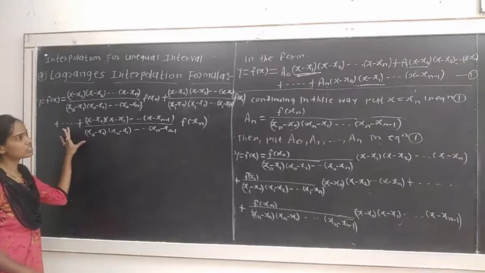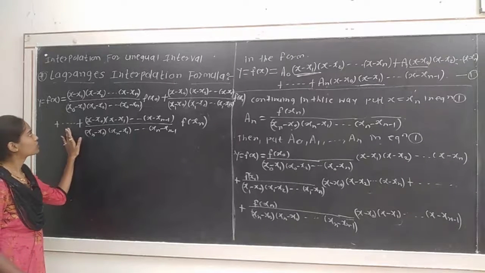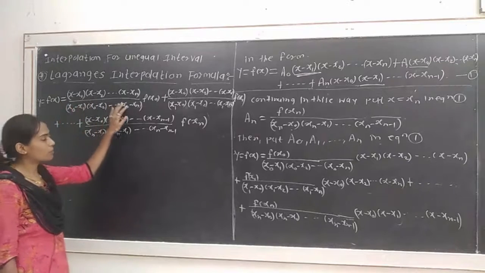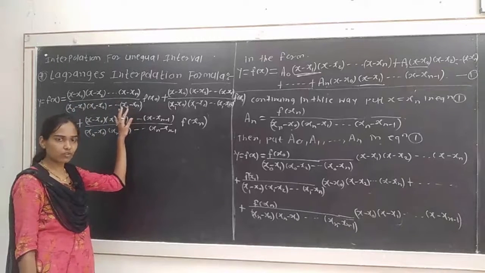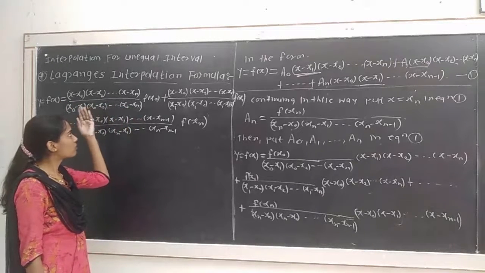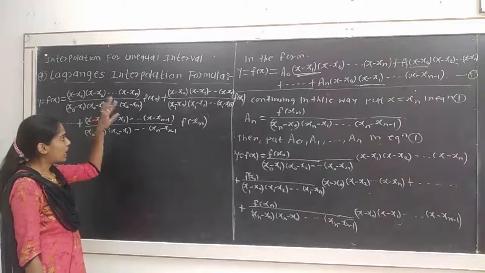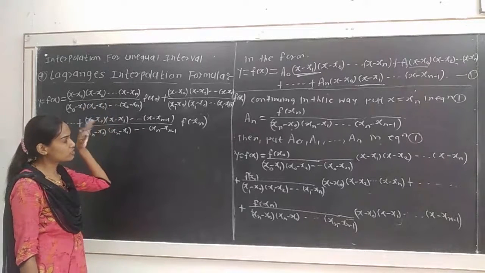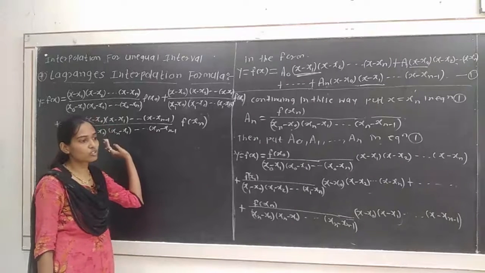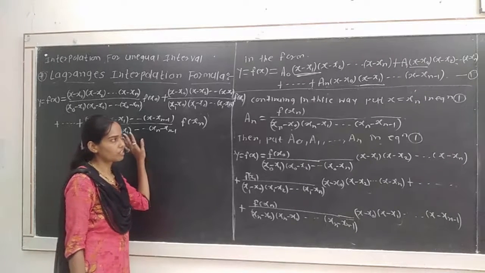If we observe this formula, the number of factors is large. If we put in the values of x0, x1, x2, up to xn, the calculation is lengthy.